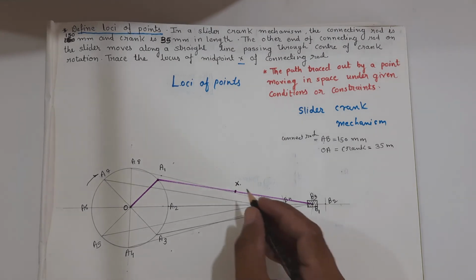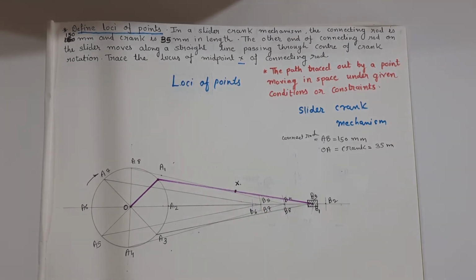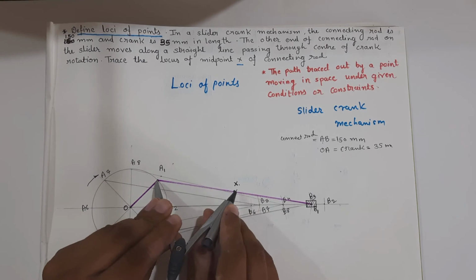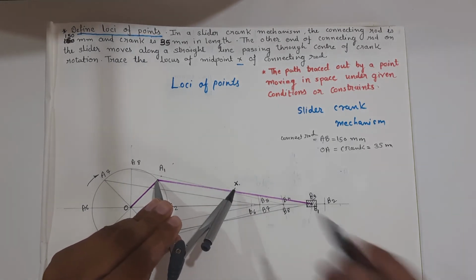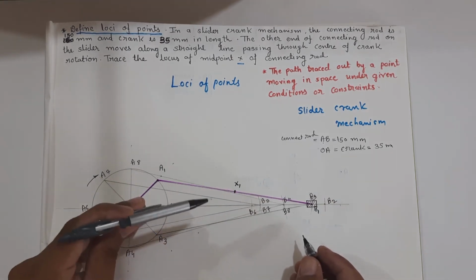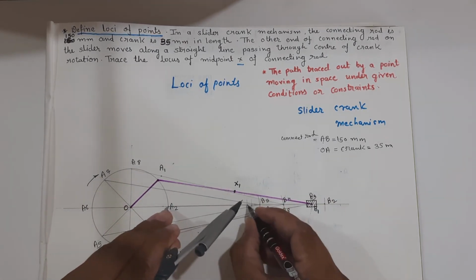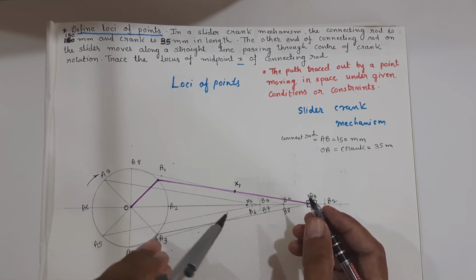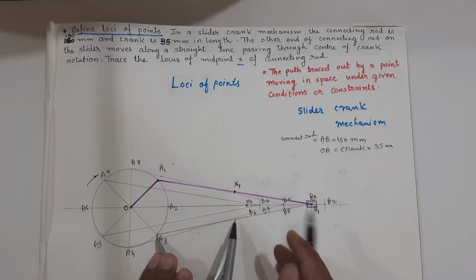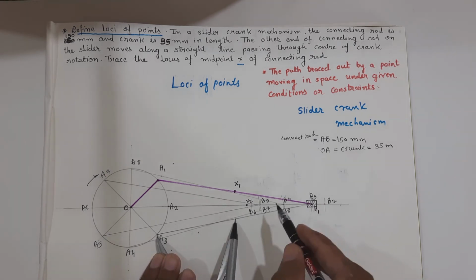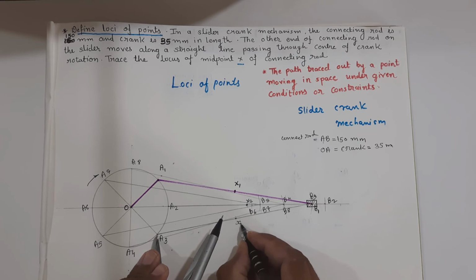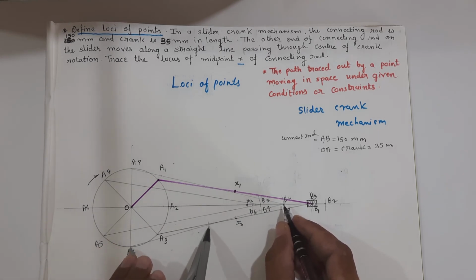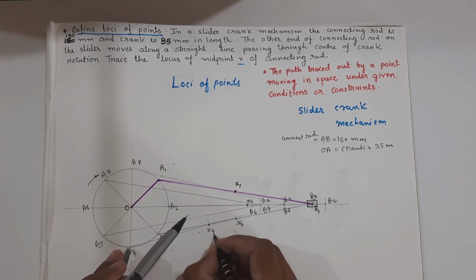Now, as we have to find out the locus of midpoint X, measure A1 to X. Let us say that this is X1, this will be X2 over here, this will be X3 on the A3 B3 line, then A4 on the line A4 B4, this will be X4.